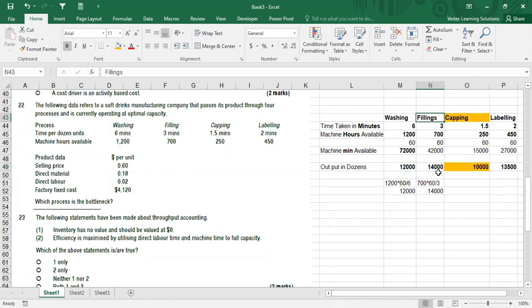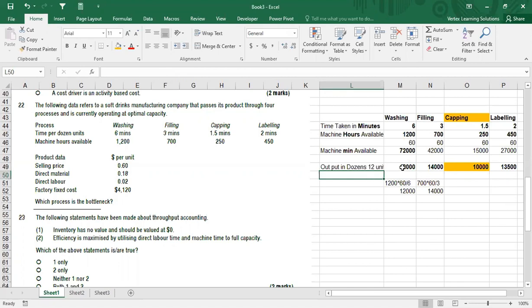My filling department will process 14,000 dozens. My capping department is producing just 10,000 dozens, and labeling is producing 13,500 dozens. And I know that dozen means 12 units. So when you put 12 units together, you call it a dozen.